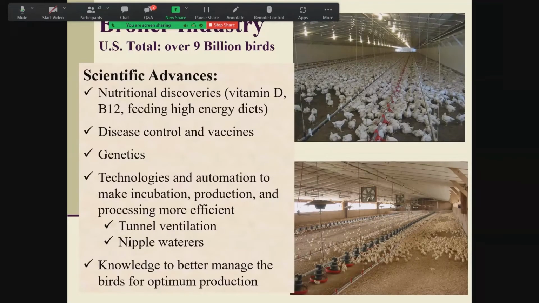Two of the biggest things, other than genetics, which had a huge part in this, and some disease controls, are nipple waters, which sounds crazy, but you can't really see too well in these pictures. I tried to show it here. These little white caps, and these little things you see hanging down here, they're not real good. I should have got a better picture.